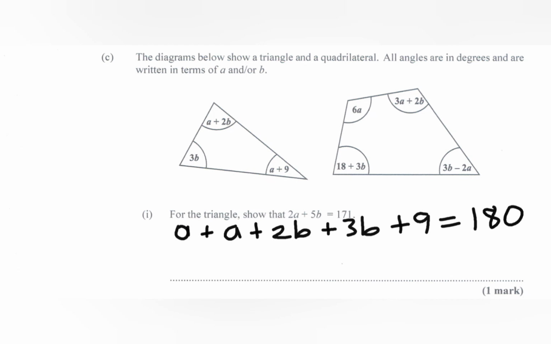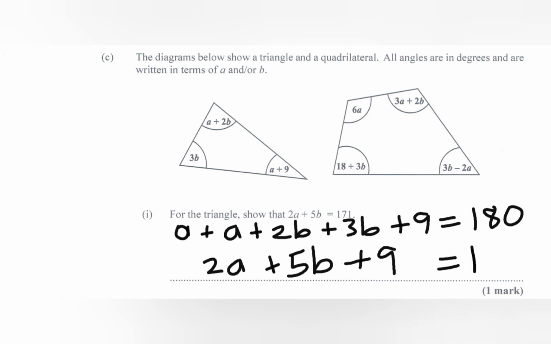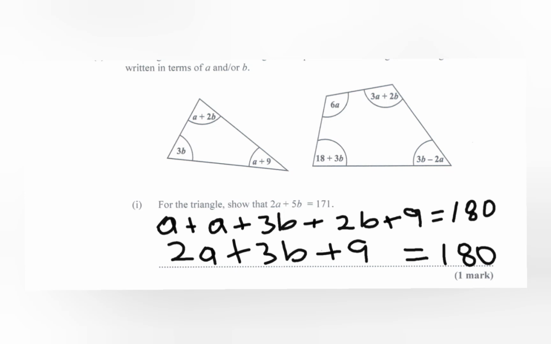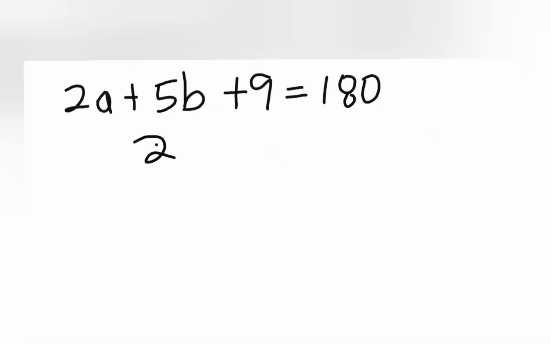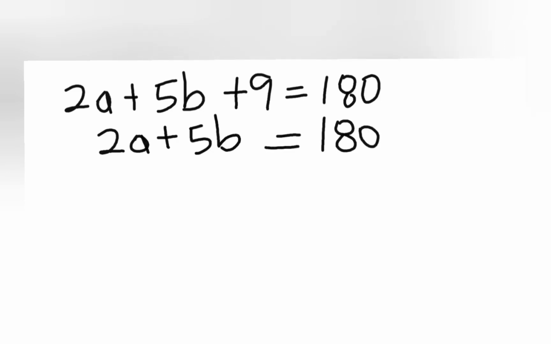Let us simplify. We're going to have 2a plus 5b plus 9 is equal to 180. So we're going to subtract 9 from both sides. If we subtract 9 from both sides, we're going to have 2a plus 5b is equal to 180 minus 9.